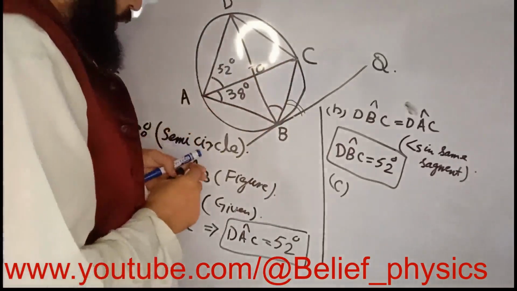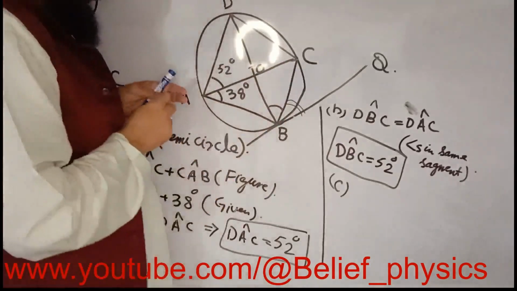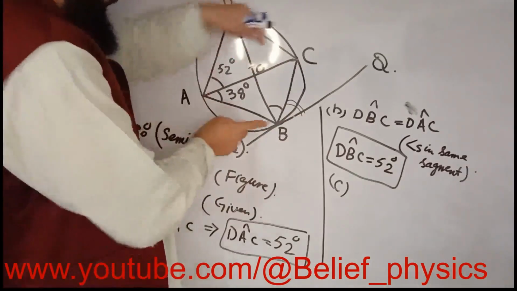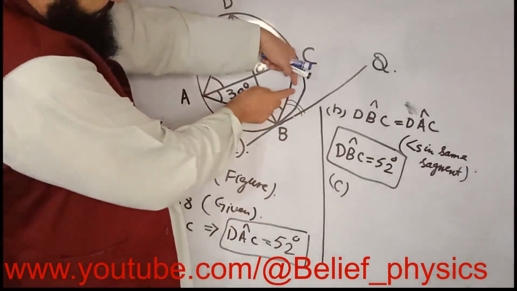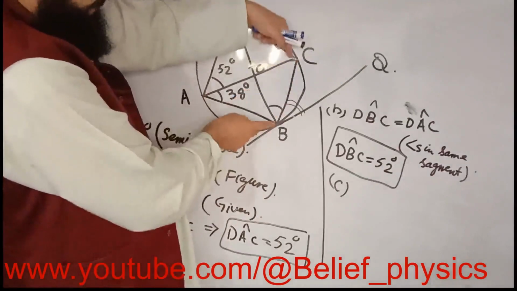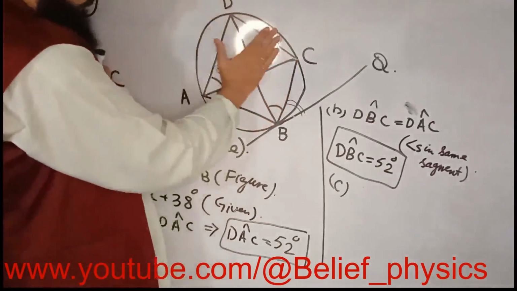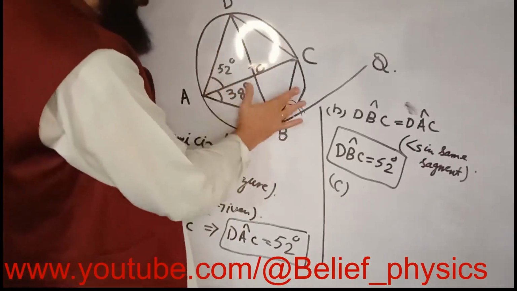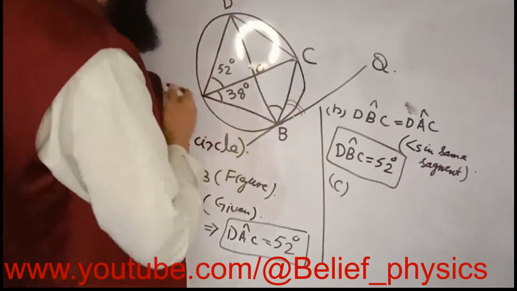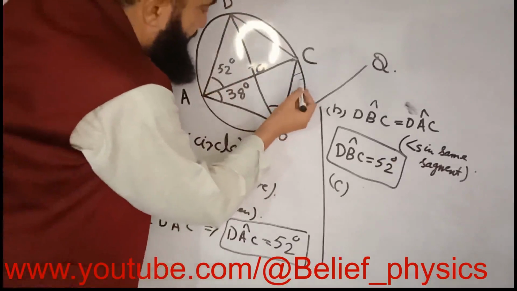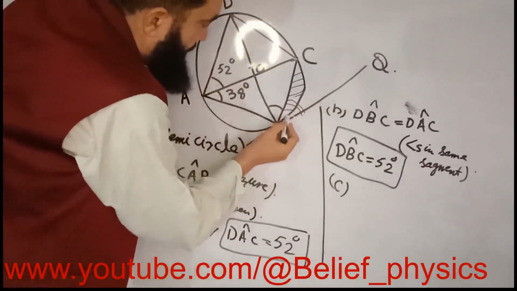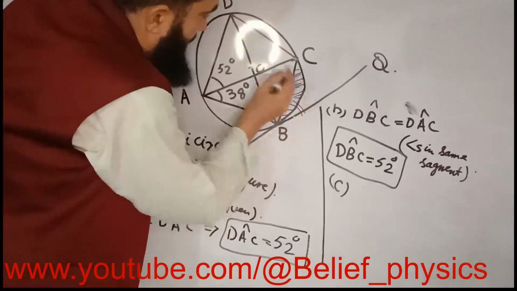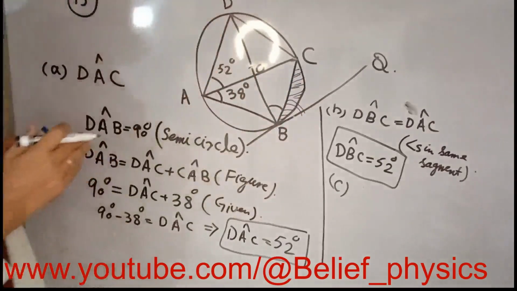How do we find the alternate segment? CB cuts the circle into two segments, this one, which I shaded, and this other one. This segment and this whole segment are the alternate segment.